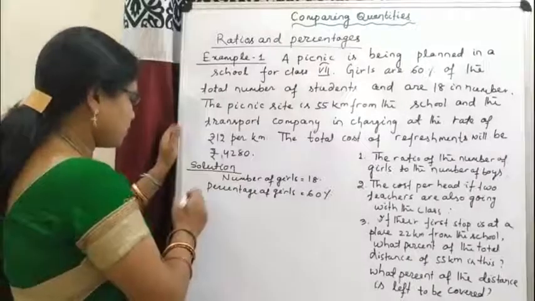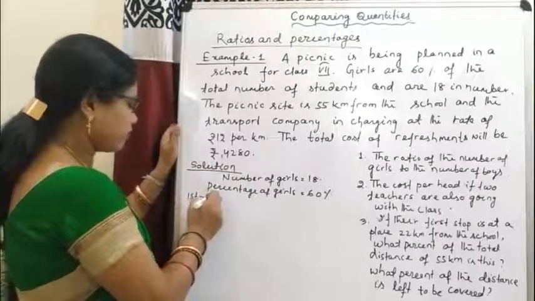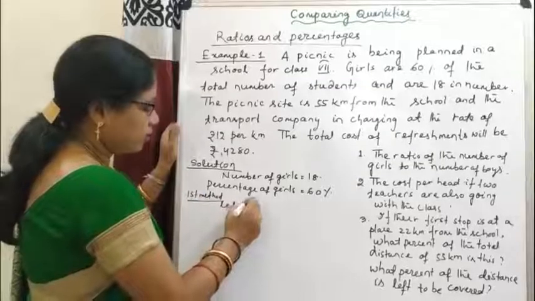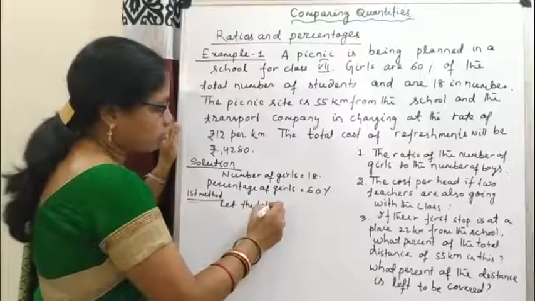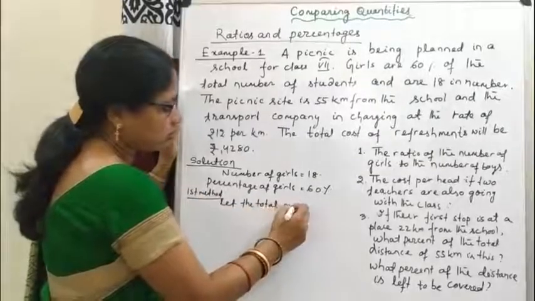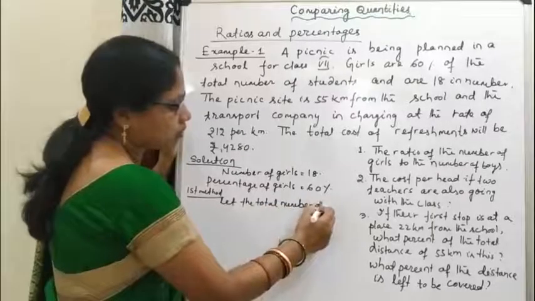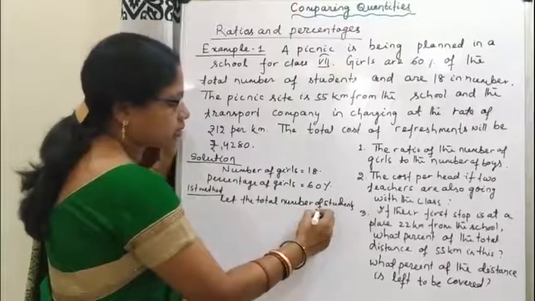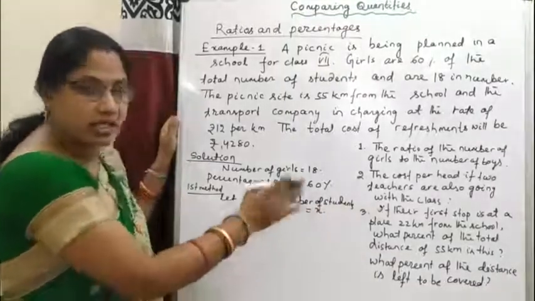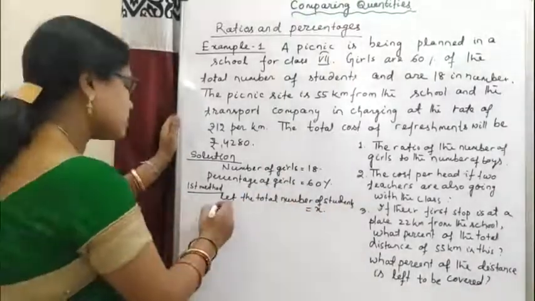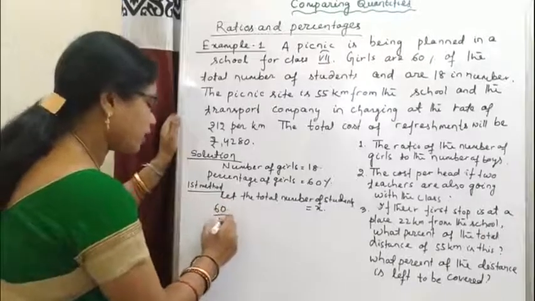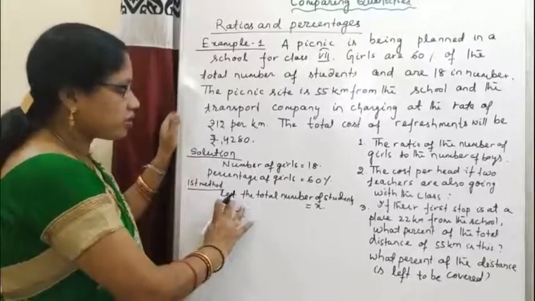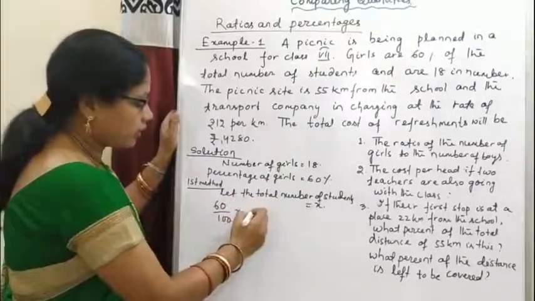So first method, let the total number of students is x. So what is the 60% of x? 60 by 100 multiplied with x. So 60% of x is equal to 18.